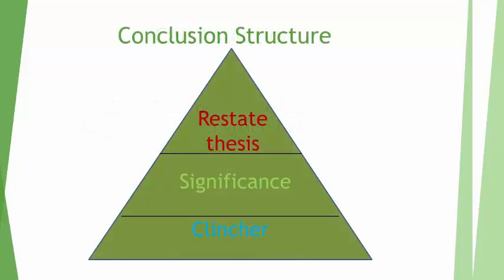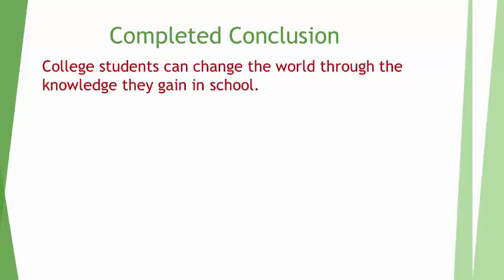So here's all of the parts of a conclusion structure put together. You need to restate your thesis, provide a significance, and offer a clincher. Let's look at what our completed conclusion would look like for the same sample assignment. College students can change the world through knowledge they gain in school.